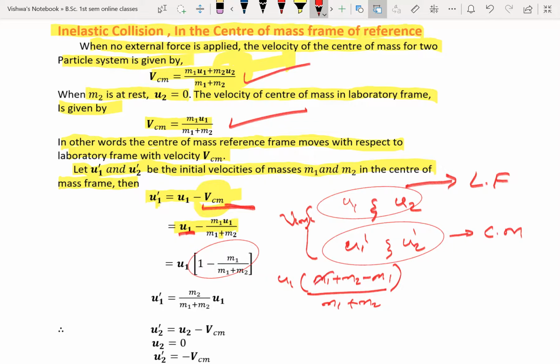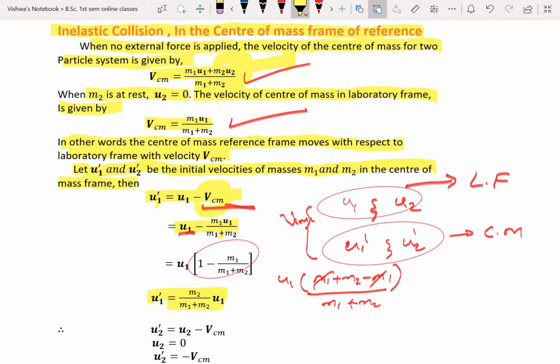Then m1 gets cancelled, and the remaining is u1 m2/(m1 + m2), so u1' = m2/(m1 + m2) u1. That is the velocity of the first particle before collision in the center of mass frame of reference.